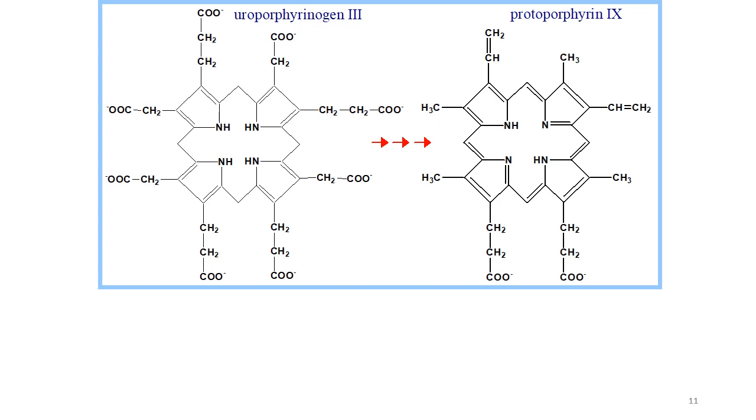It undergoes a decarboxylation reaction in the presence of an oxidase enzyme, and it forms what is called protoporphyrinogen 9, which you can see on the slide.